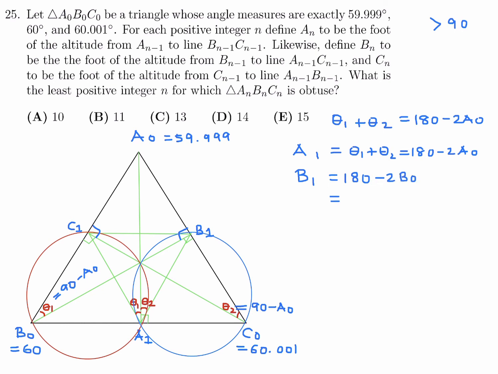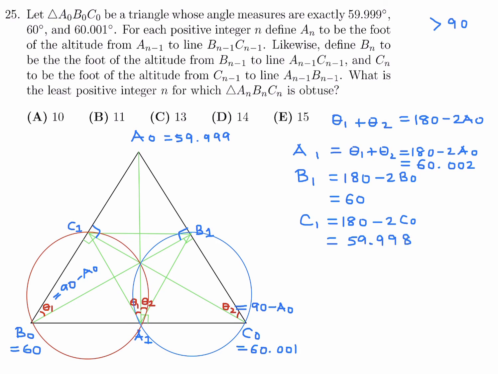And if you do that math with B0 equal to 60, that's just 60. And then this one, I can actually get a numerical value since A0 I've assigned this. 180 minus 2 times 59.999, it would give me 60.002. And finally, C1 would be 180 minus 2C0, since it would have pretty much the same pattern of calculation. And C0 is 60.001, so that would give me 59.998.